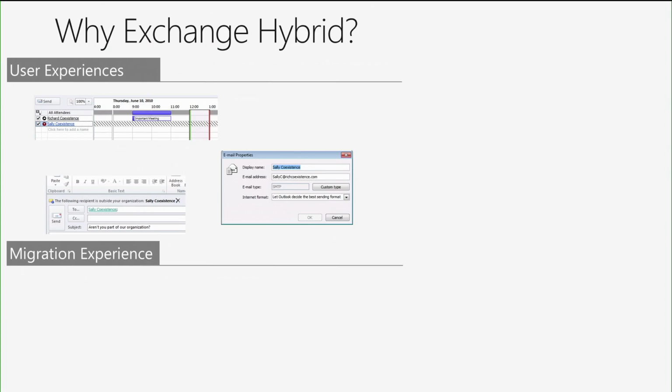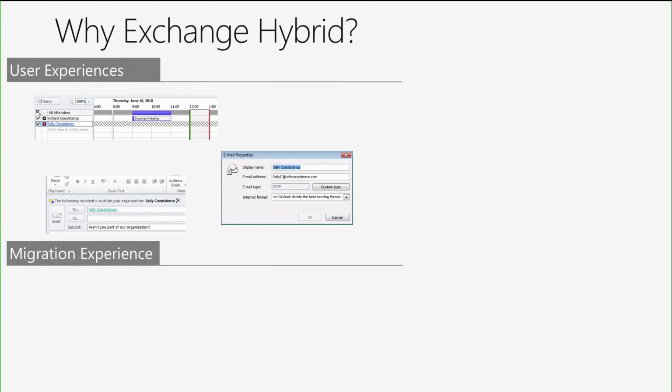So the contact or the recipient within Outlook would look like an internet email recipient. It wouldn't look like an internal recipient within your organization. You won't see any contact details. All you'll see is the name of the user that presumably has been manually entered, and the SMTP email address.